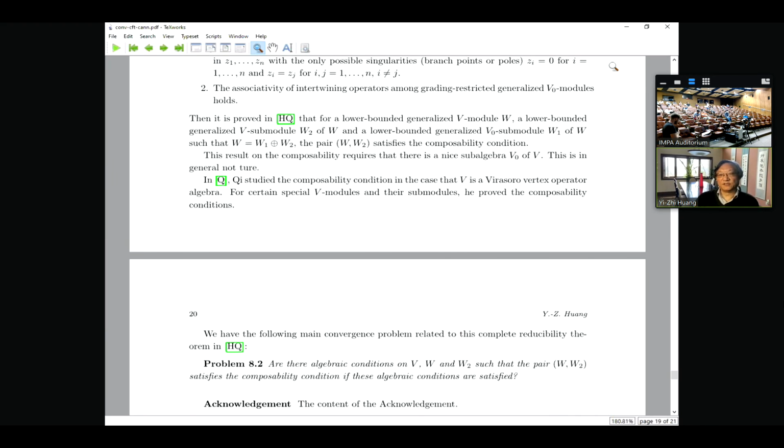This is really important because, for example, for deformation, we do not want to deform the vertex algebra to a more general vertex algebra. We want to still restrict it to the same category, because otherwise we do not get these vertex algebras which give us the nice results. So that's my understanding.